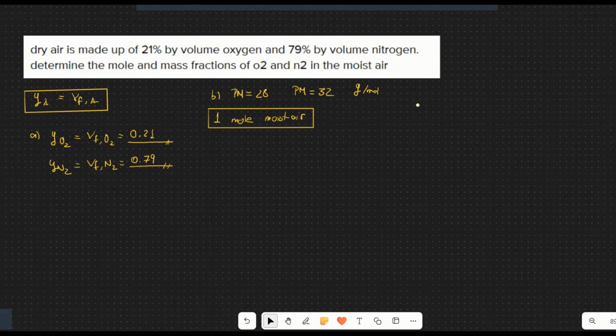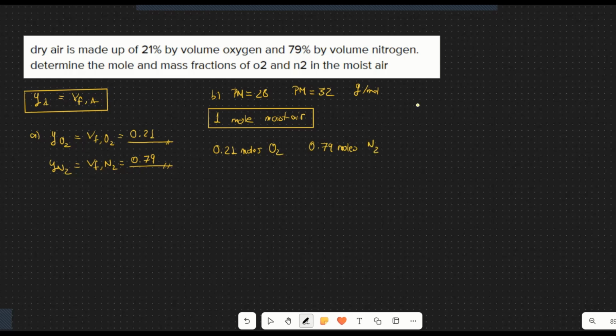And we're going to begin with determining the molar weight of the whole substance, moist air. And there are 2 ways that we can go about it. We're going to go through the easy route first and just determine that if there is 1 mole of air, and we know the molar fractions, then there's going to be 0.21 moles of oxygen and 0.79 moles of nitrogen.